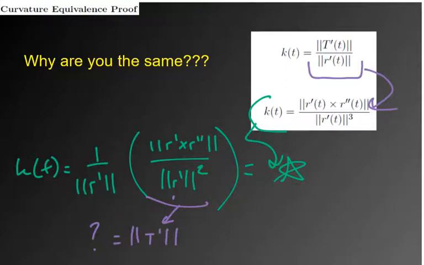What I'm going to show is that really this is equal to this. And because of that, these two things are equal. That's the idea. Because then you can just take this as T prime, put it in here, and you get this, or you could unpack that and get this one. They would be the same thing.